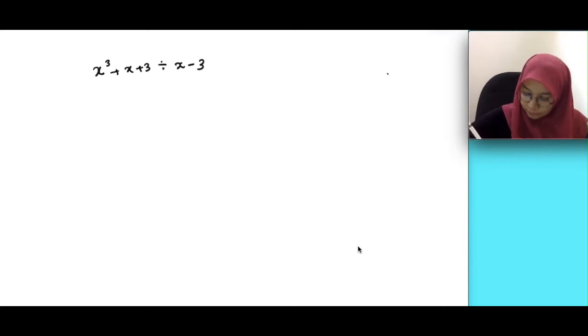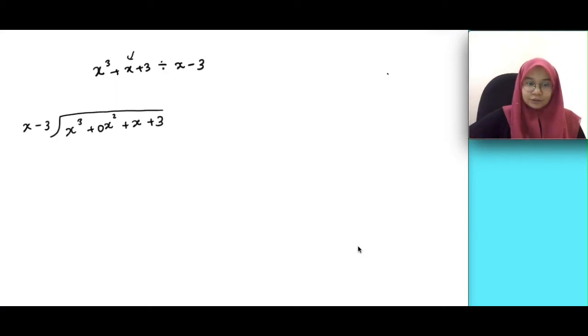Okay, so we don't have x squared here, so I will add x cubed plus 0x squared plus x plus 3 divided by x minus 3.